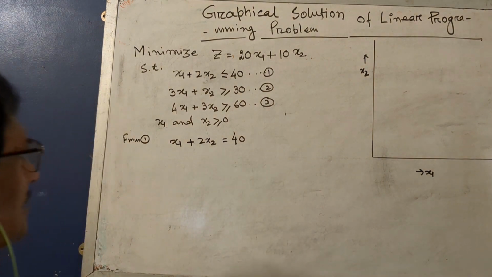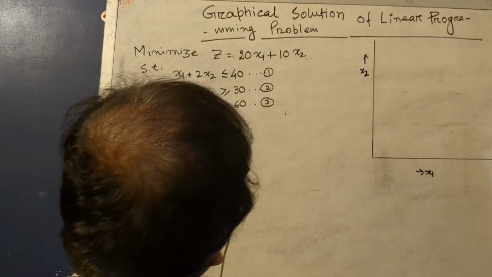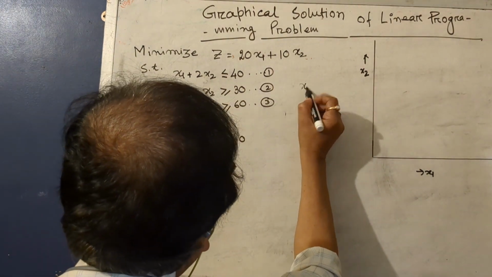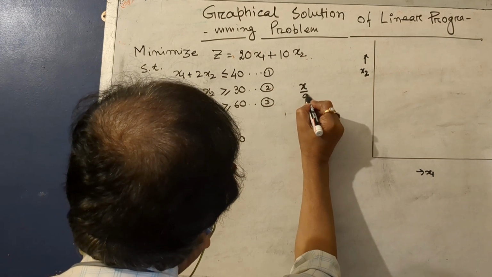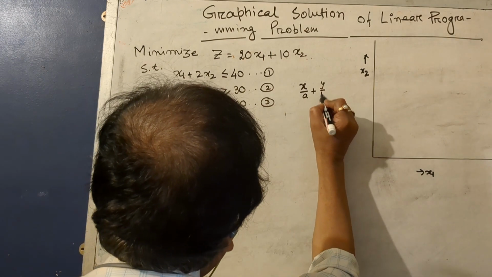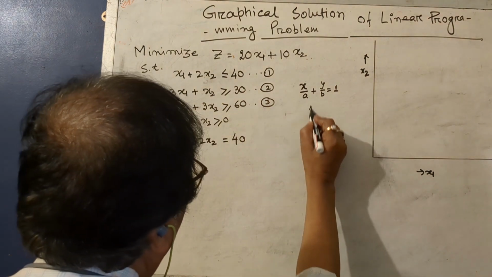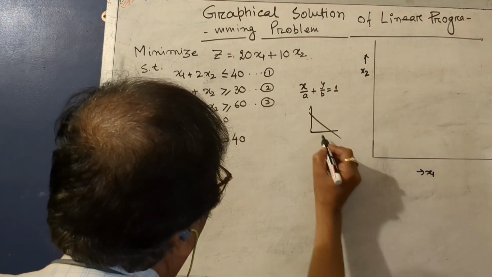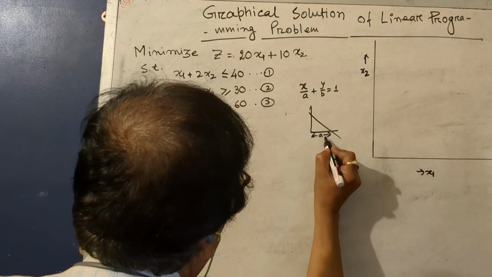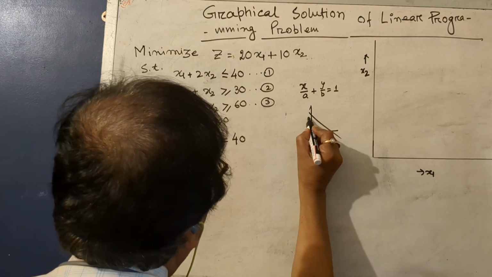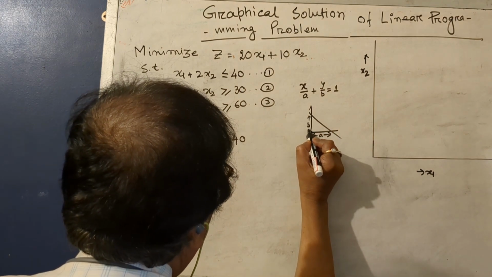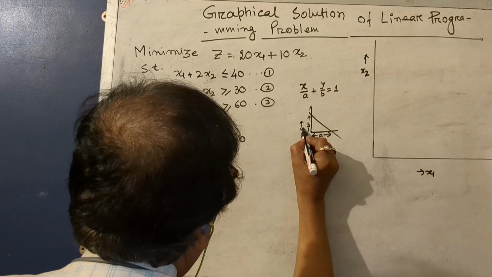I have already mentioned it will be better if we use this type of equation of a straight line: x divided by a plus y divided by b is equal to 1. This is also the equation of a straight line where a is the intercept on the x axis and b is the intercept on the y axis.